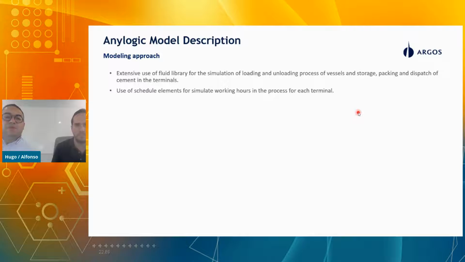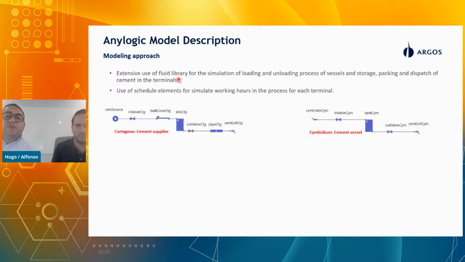For the modeling approach, we have basically made extensive use of the fluid library for the simulation of the loading and unloading process of vessels and storage, packing and dispatch of the cement terminals. As you can see here, we have, for example, the basic blocks for the terminal in Cartagena, that is the cement supplier.